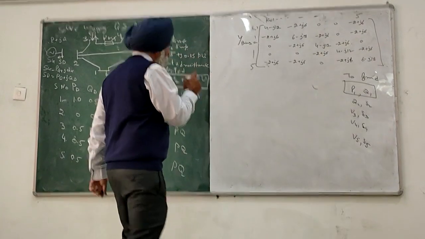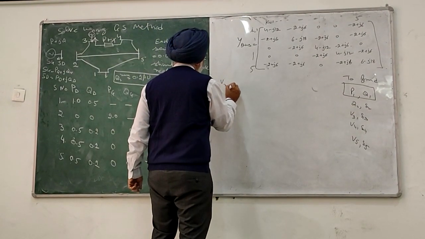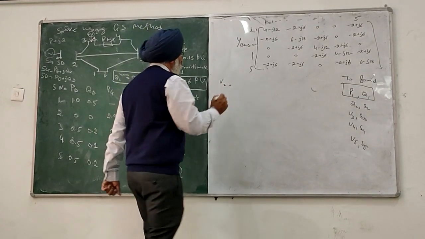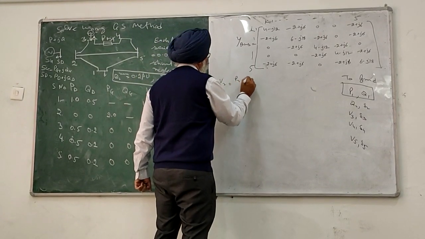So we have the voltage equation: V2 is given by P2 minus jQ2.